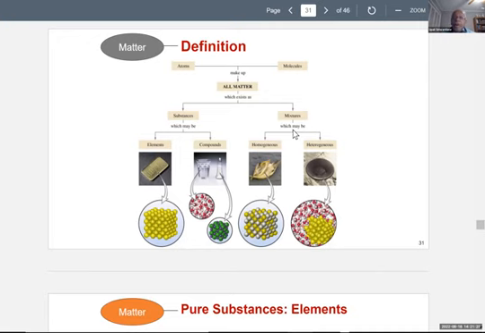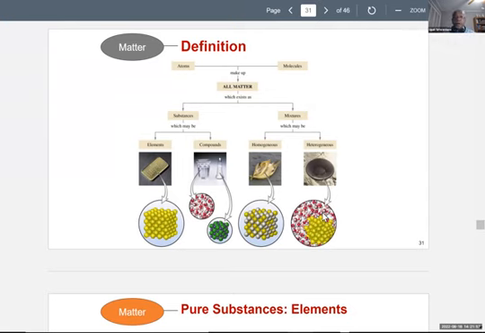Homogeneous means the composition is the same throughout the sample, as in the first example right here. Heterogeneous means the composition is not the same. There are different phases, different parts of the sample with different composition, therefore heterogeneous. We're going to talk about this a little bit more.